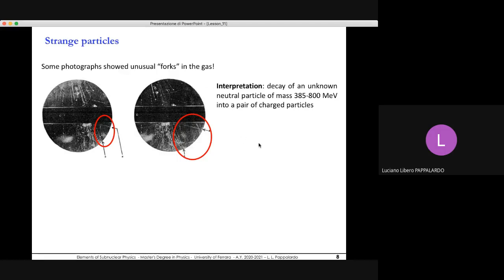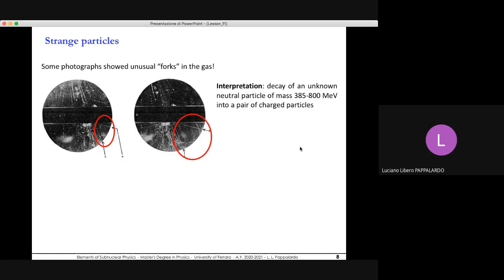So the interpretation was that some new particle decays into an unknown neutral particle, which is not observed here in the top, of mass in the range 385 up to 800 MeV. There was a large uncertainty at the time. This particle at a certain point decays into a pair of charged particles, those that you see here, 1, 2.